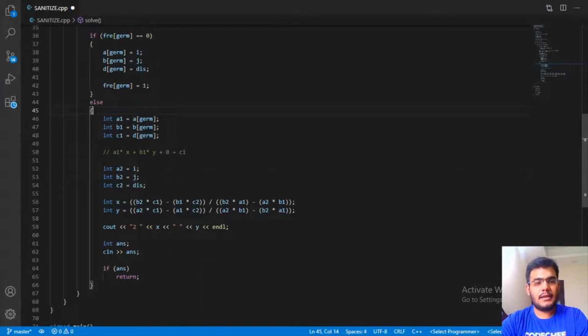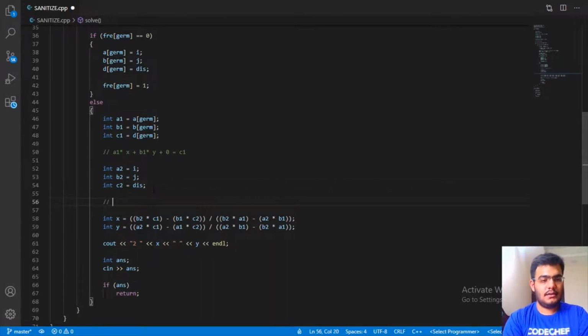This time it is the second time we have an equation for the same values of X and Y. So it represents the equation A2 times X plus B2 times Y plus 0 equals C2.